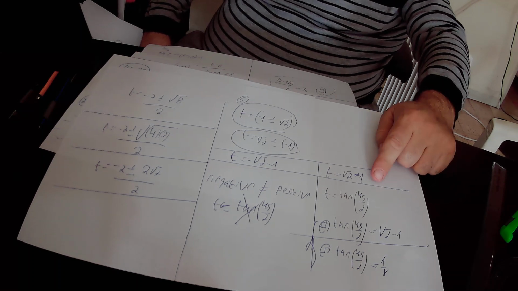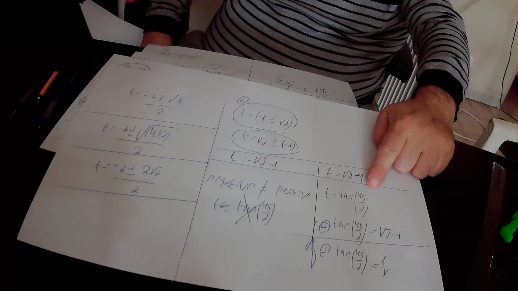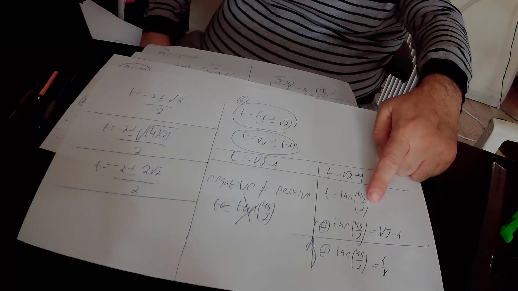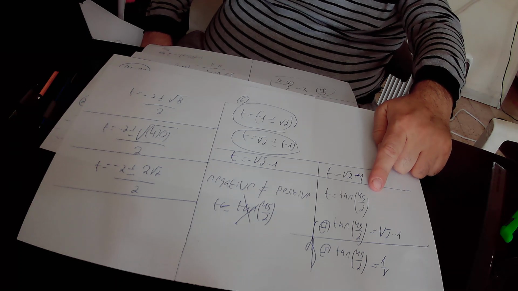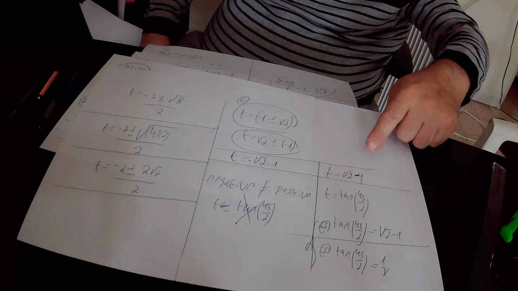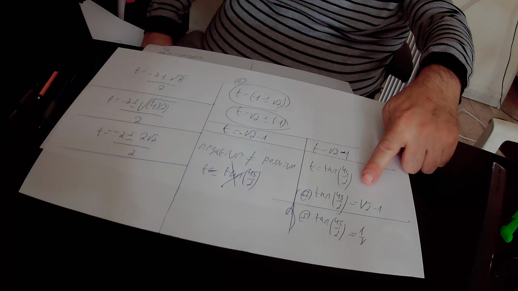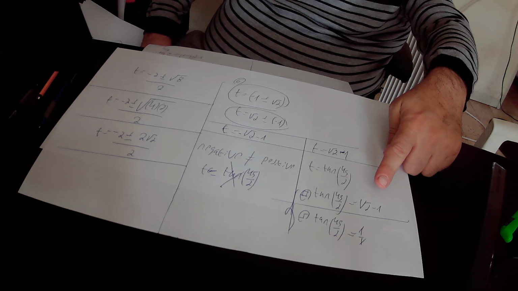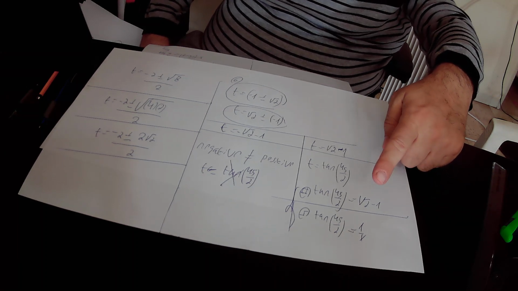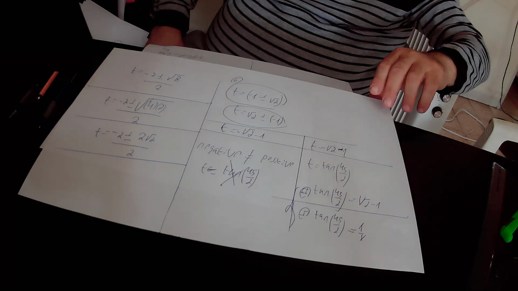And according to our definition, t equals to tangent of 45 over 2 degrees, so tangent of 45 over 2 degrees is equal to the square root of 2 minus 1. This is according to equation number 2, while according to equation number 1, we have already found out that tangent of 45 over 2 degrees equals to 1 over x.